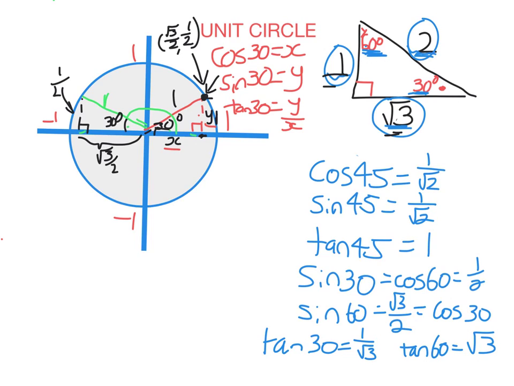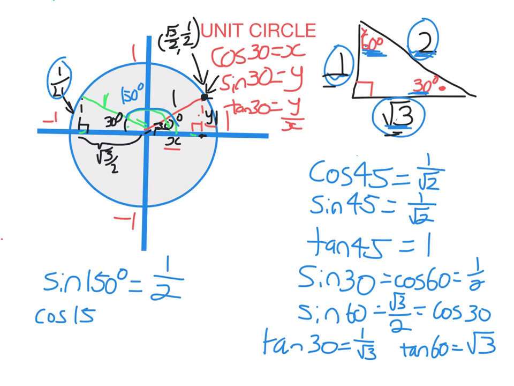So if I want to find the sine of 150, I'm finding the sine of this angle here. But I told you that sine is just whatever the y coordinate is. So this angle here is 150 degrees, and sine of 150 degrees is just whatever the y value is here, which is a half. The y value here is positive because it's above the x-axis. If I want to find the cos of 150 degrees, the distance is the same.